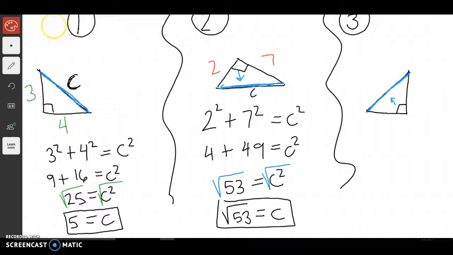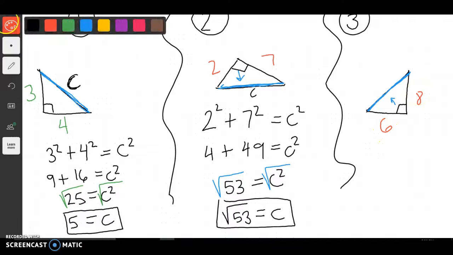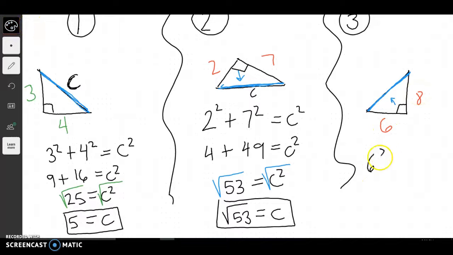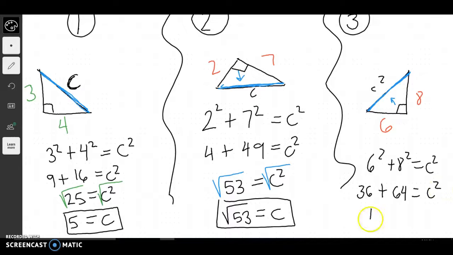Okay, so here we go. Let's make this side 6 and this side 8. So again, we know that 6 squared plus 8 squared should equal c squared, which is this third side. Well, that would be 36 plus 64, which equals c squared. And that would be 100.